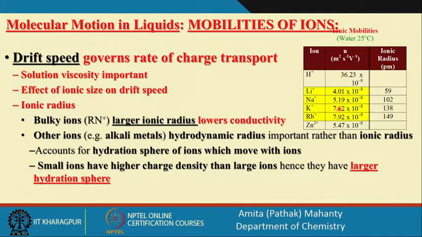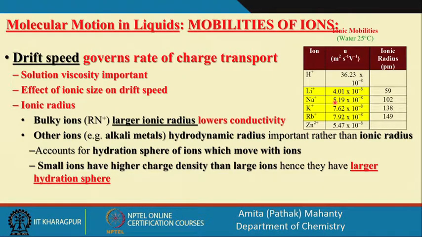Why is it so? When you have a smaller ion, the hydrodynamic radius, the solvated radius, is larger. The smaller the ion, the bigger the hydrated radius, because of the solvated ion. So for other ions like the alkali metal ions, the hydrodynamic radius is larger for the ionic radius which is smaller.